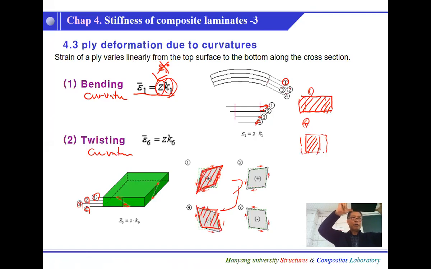Pay attention, we twist like that. See the top, you can see that the shear deformation is number 1. And at the bottom, shear strain-wise is this way. So here, and bottom, this way you have more extension. Do you see that? Like that?